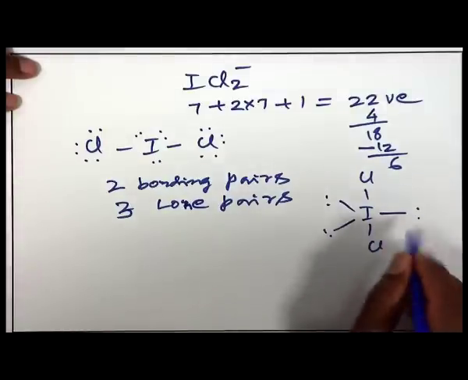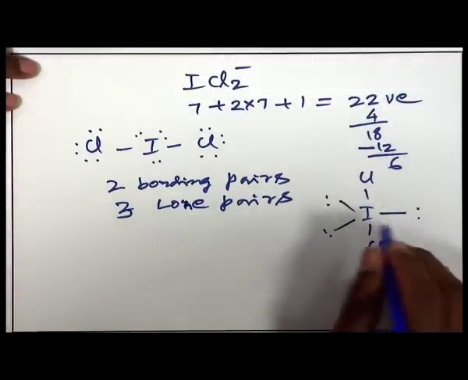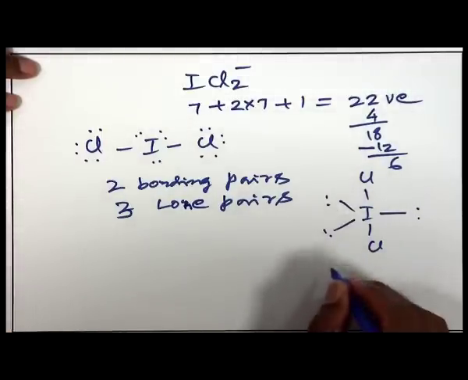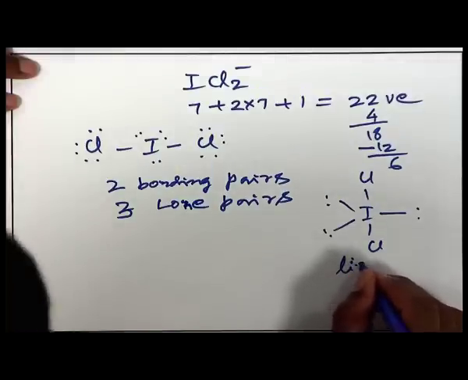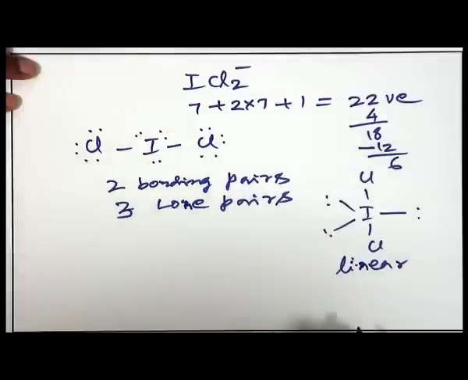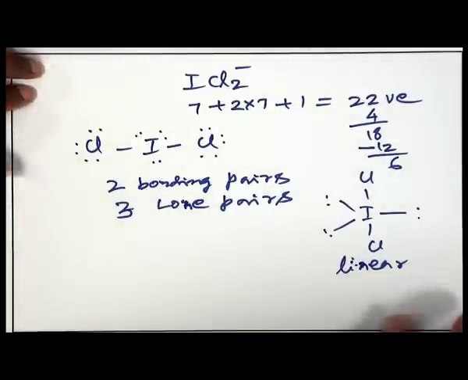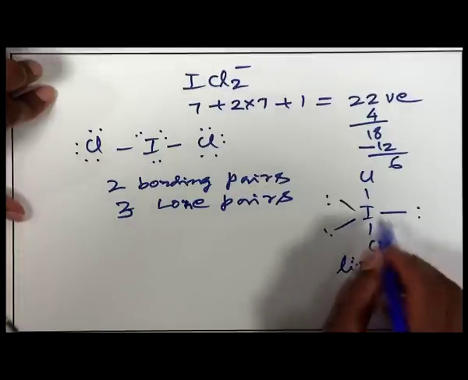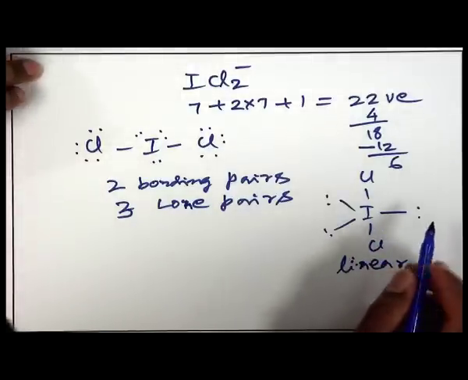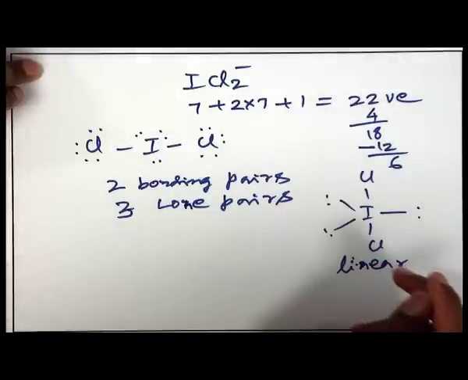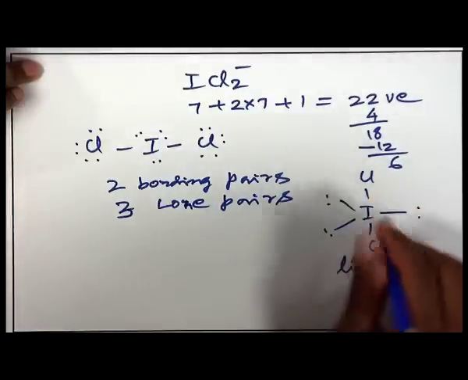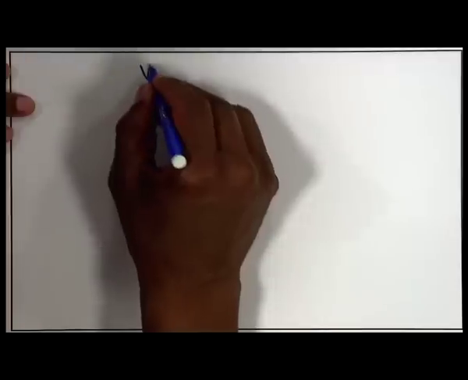So, that the repulsion is minimized and the shape of the molecule is linear. The shape of the molecule is linear, because we should not include lone pair positions to tell the shape of the molecule. So, it's linear in shape.